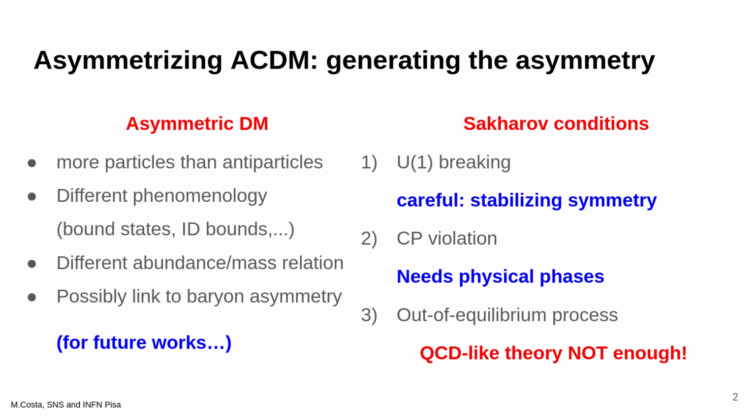Then you need some CP violation, which is equivalent to asking for the existence of complex couplings and physical CP violating phases. And as a final requirement, you need to specify some out of equilibrium process.